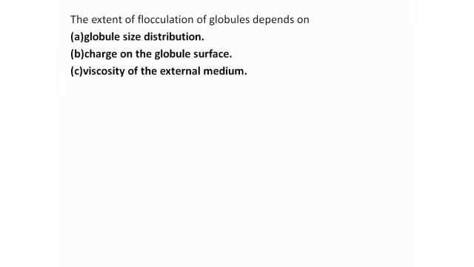In this way it is expressed as globule size distribution. The extent of flocculation totally depends on how the size is distributed. Number two, the charge on the globule surface, that is, the charge present on the surface of the dispersed phase globule. And number three, the viscosity of the external medium. These three factors control the rate of flocculation.